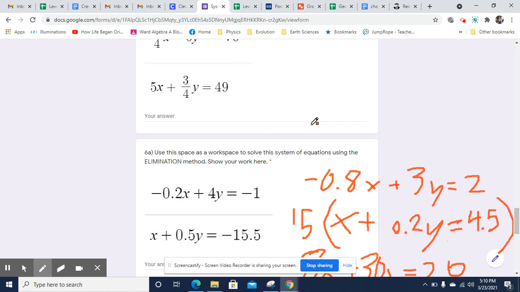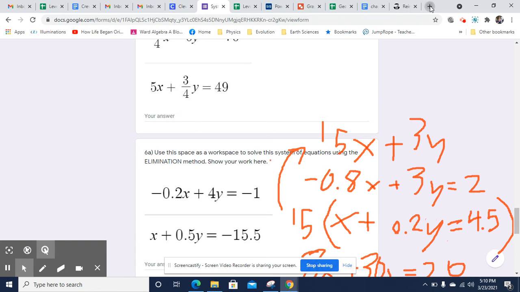So this would end up being, I'll write it up here, 15x. So this I'm going to put up here because I don't have a lot of room. 15x. And this is going to become 3y. And then 15 times 4.5, well, we just got to work out what that is.